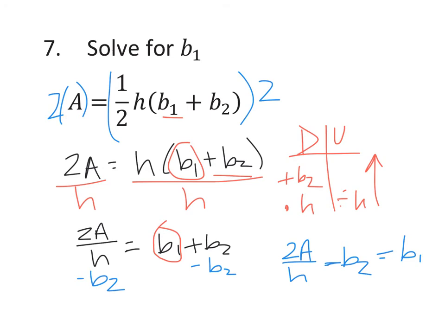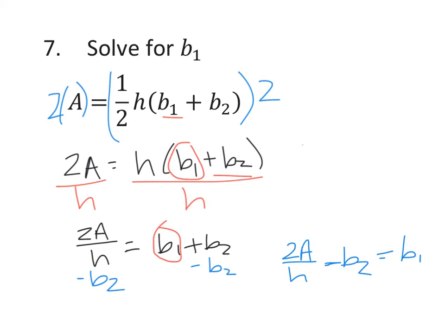I'll show you real quick what it would look like if I hadn't done a do-undo chart. My other option would be, I'll do this in a different color.